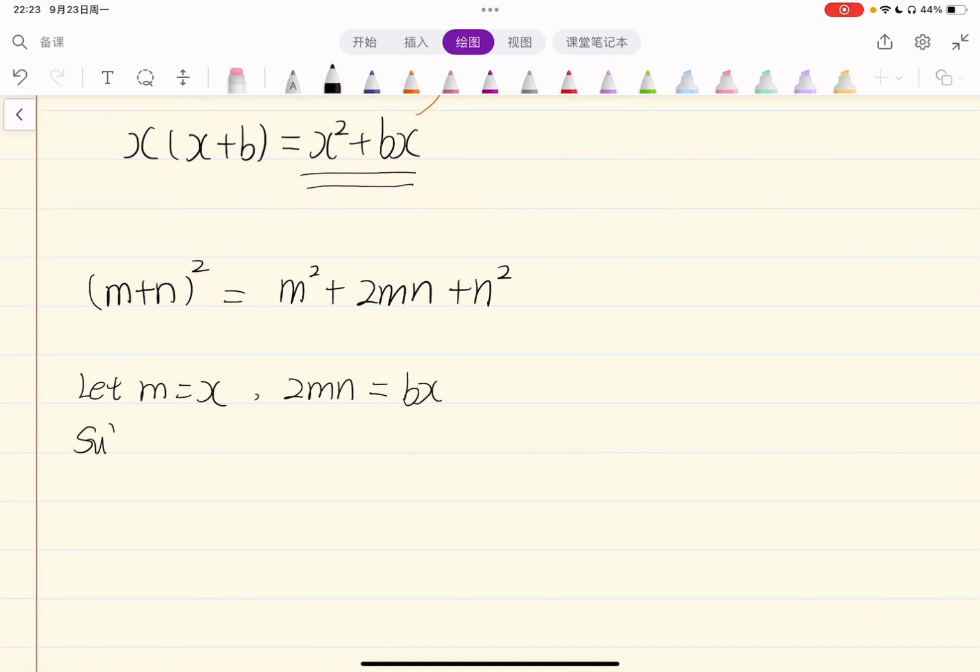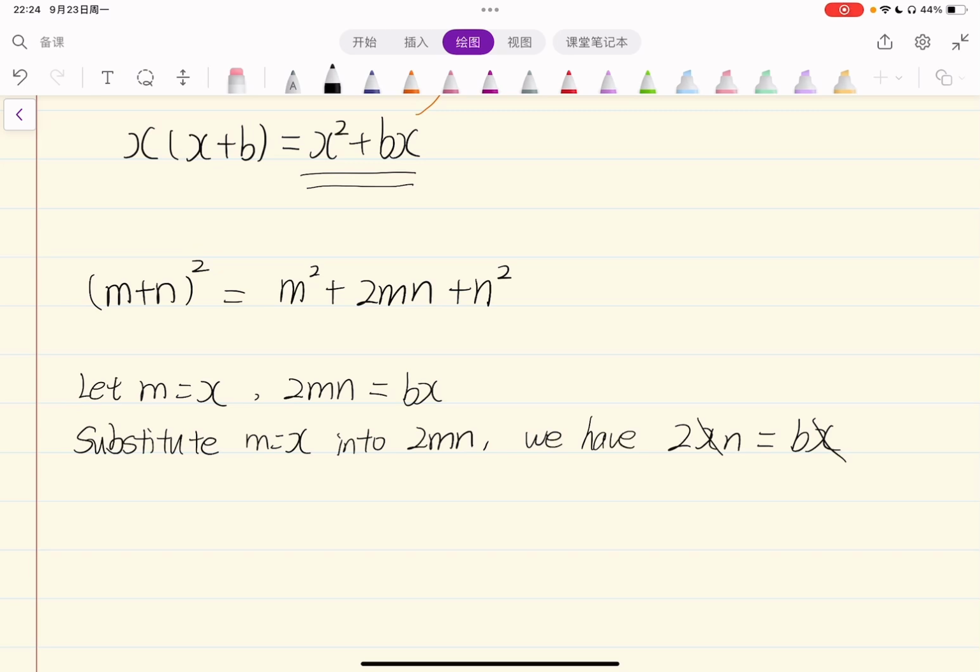Now substitute m equals x into 2mn. We have 2xn equals bx. And we cancel x, what are we left with? We are left with 2n equals b, n equals half of b.